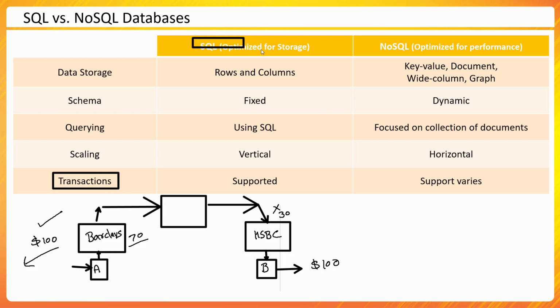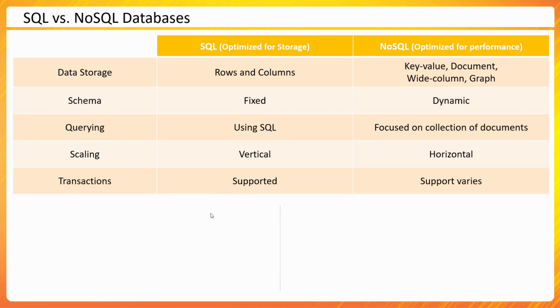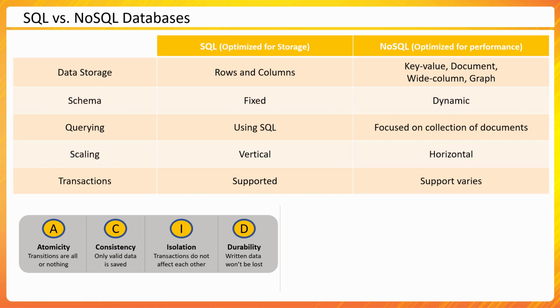So in SQL databases, we expect that transactions would be happening, and they use a very specific term for it, which is called ACID support. That is atomicity, consistency, isolation, and durability. That is the beauty of SQL databases: every transaction happens either all or nothing. Only valid data is saved.